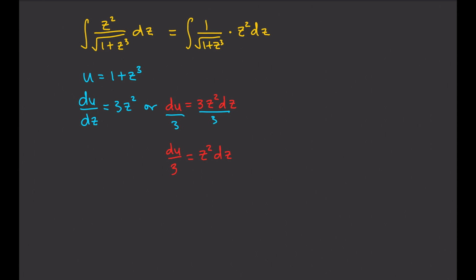Okay, so that becomes, I'm gonna use the substitution now, so that's 1 over the square root of 1 plus z cubed, which is u. So I'm gonna put u here and then multiplied by z squared dz. Well, z squared dz is du over 3. So let's make that substitution. So that's du over 3.